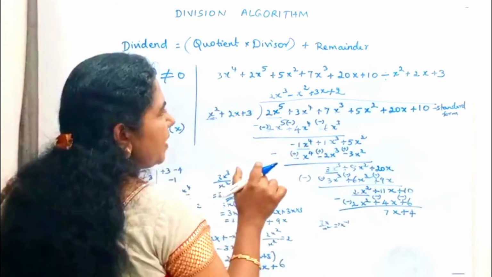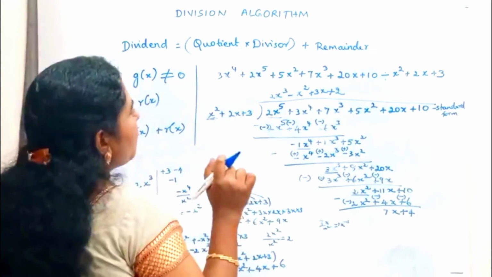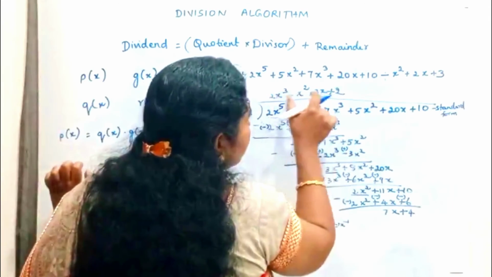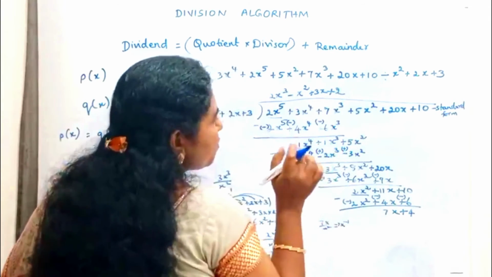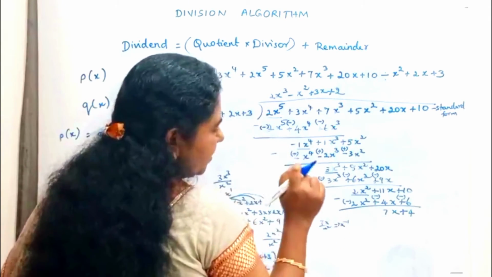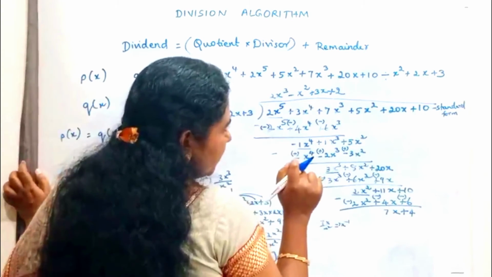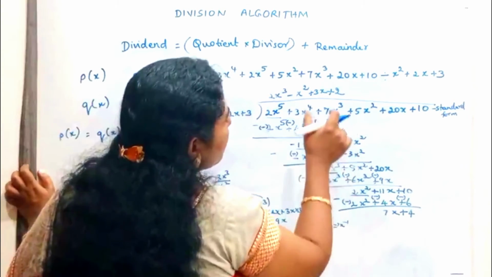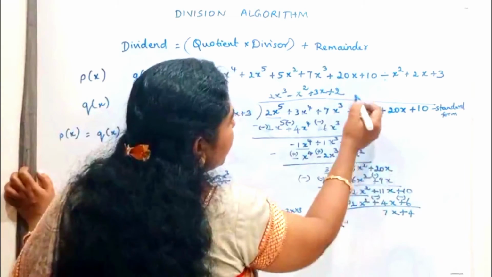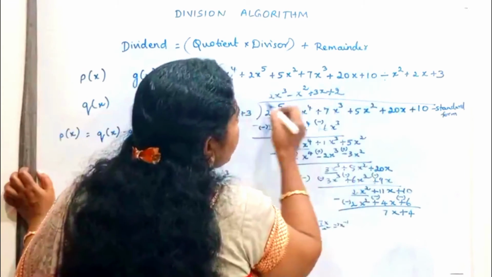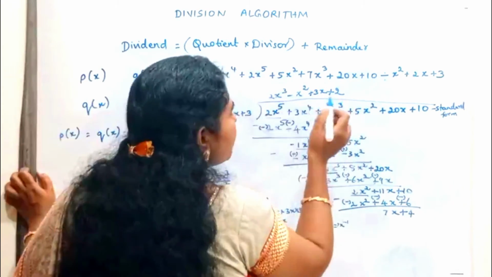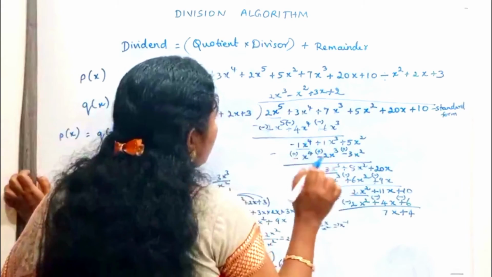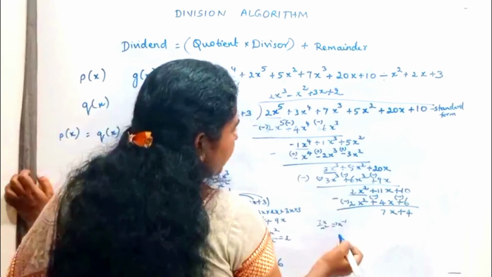Already we have seen the condition for polynomials is that the powers of the variables should be only positive integers. Negative integers are not allowed. So if I am writing this term here, this will not be a polynomial. That is, the quotient will not be a polynomial. So we have to stop here itself.